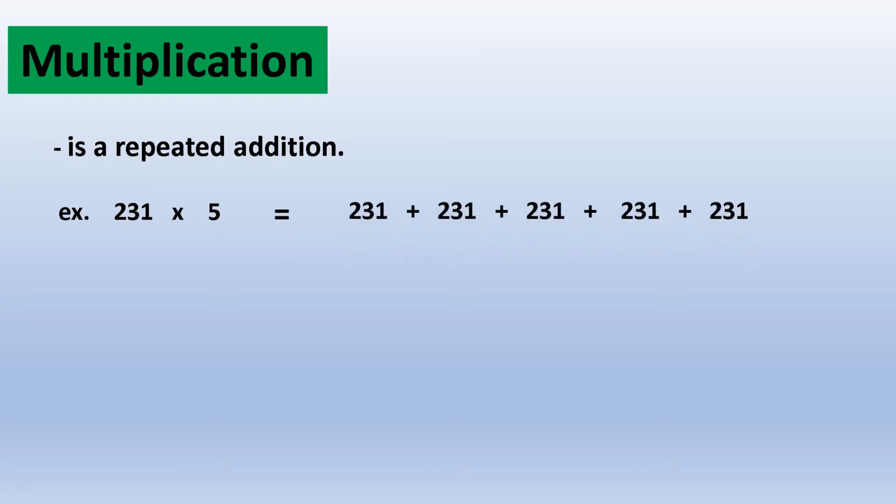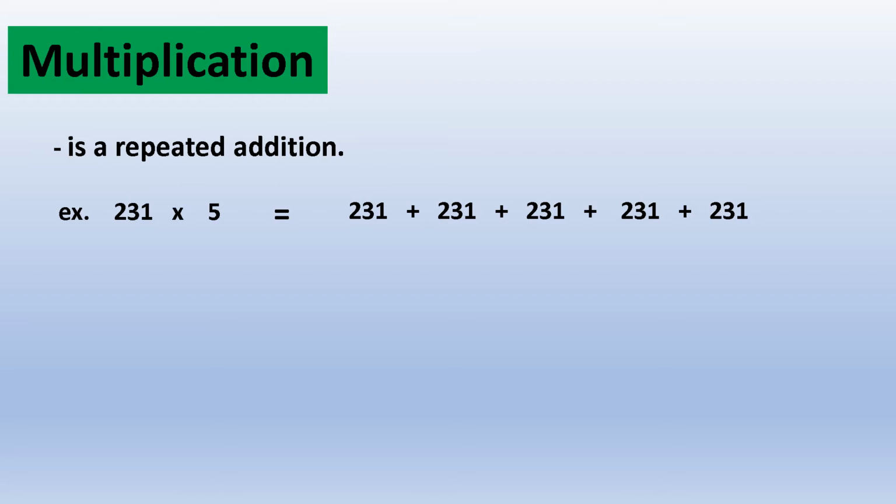Multiplication is a repeated addition. What does this mean? Say for example, 231 times 5 is actually the same as adding 231 five times.